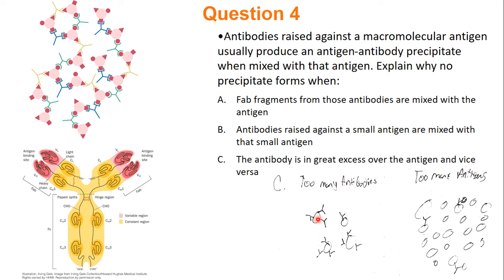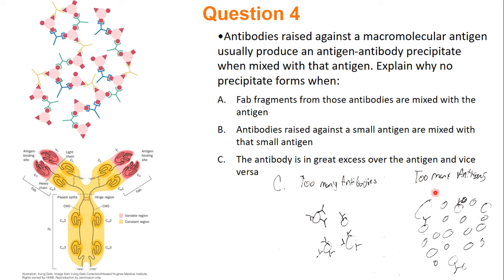And so on our protein of interest, we have three separate antibodies binding. And because there's so few antigens, you can see the second variable region of each antibody isn't binding to anything. And we see that all throughout. So we're not forming this web where one antibody is binding two things. The antibodies are only binding one thing because there are so many antibodies.